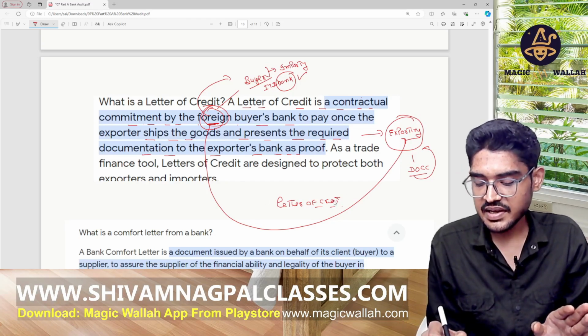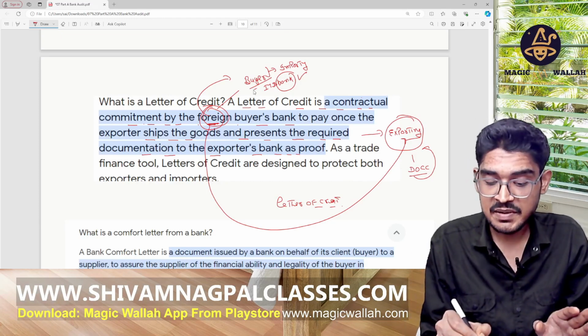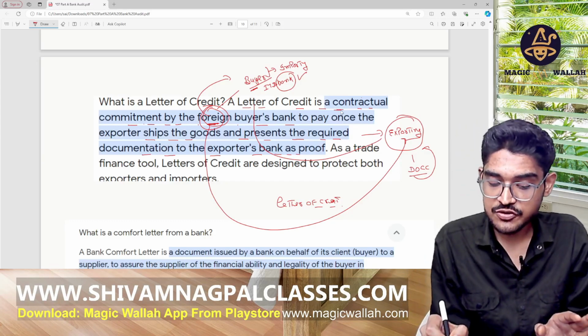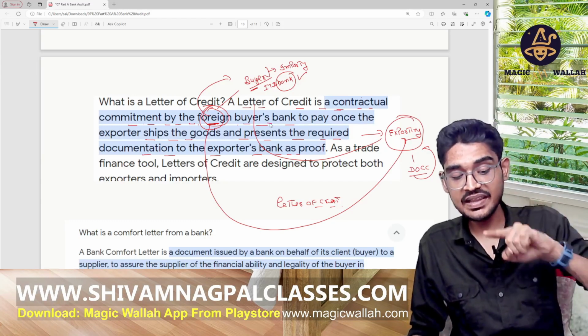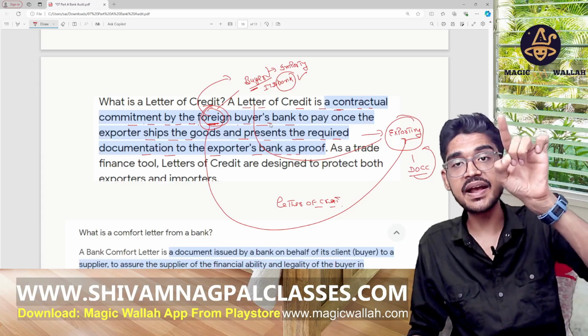That means, you can say, a type of guarantee that this person will pay to this exporter later on, right? This is a contractual commitment by the foreign buyer's bank, in India, meaning the Indian bank, to pay when the exporter ships the goods and presents the required document to the exporter's bank as proof.